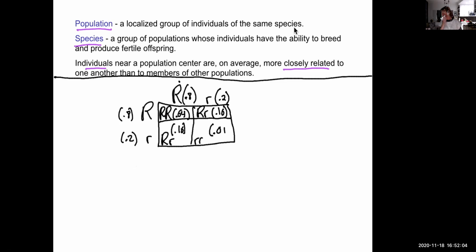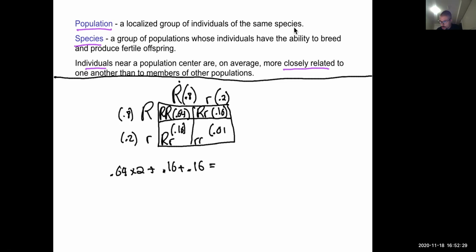So this is 0.64 times 2, and then plus 0.16 and 0.16 again, I believe. I think so. Okay.